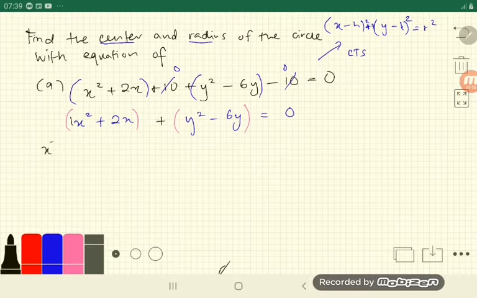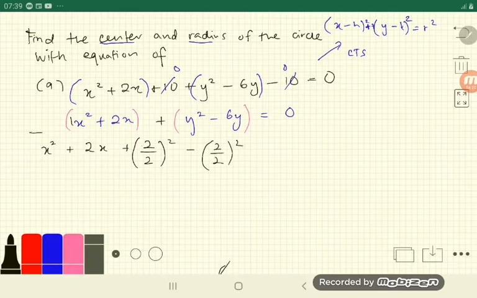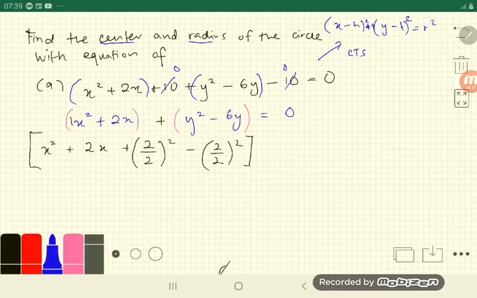So you get x squared plus 2x plus (2 divided by 2) to the power of 2 minus (2 divided by 2) to the power of 2. This is how you do completing the square for the x variables.